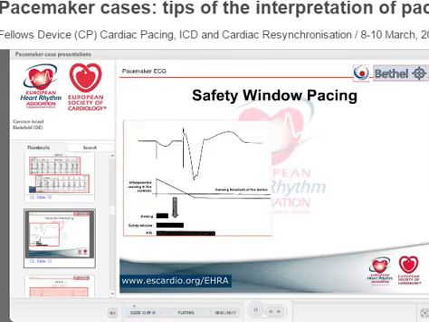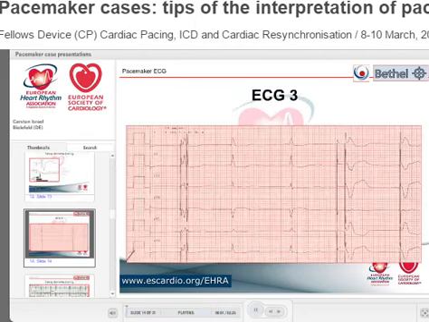And then the pacemaker says, okay, nobody can conduct within 120 milliseconds or something like this. So this is maybe oversensing, crosstalk. Let's better pace the ventricle. And it's a good idea. And this is appropriate safety window pacing. And of course, we also frequently have inappropriate safety window pacing. Why do I say this is safety window pacing? This is a one second diagnosis.